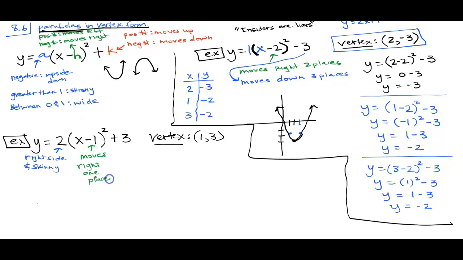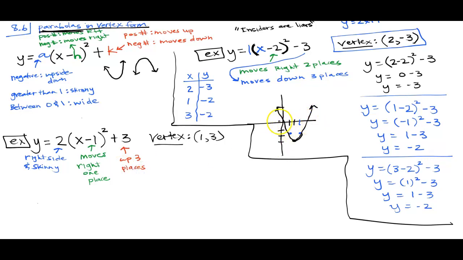If it's negative inside here, like if that's a minus sign, it's moving right. If it was a plus sign, it's moving left. And then this 3 is moving our parabola how? Moves up. Yep, so it's going up 3 places.